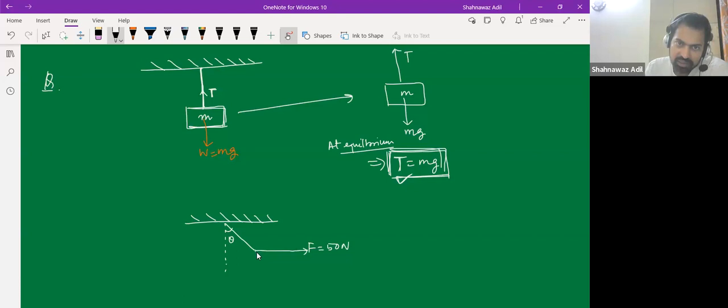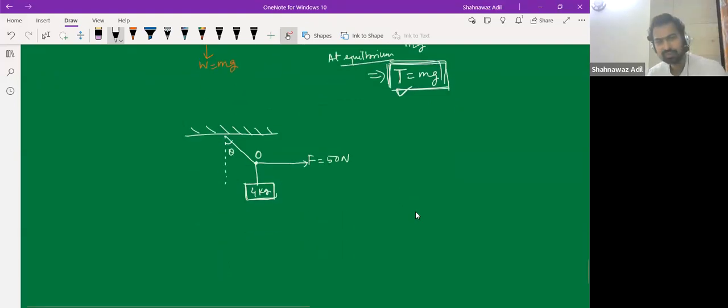And the weight, let's say, is 40. So you have two points. This is one point where all the forces are acting, and this is the second point. Let's say this is point O, and we have to find this theta.